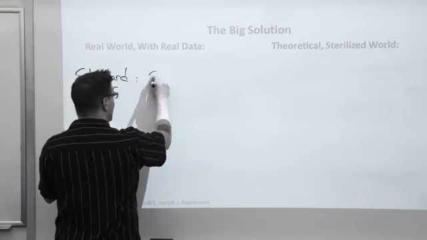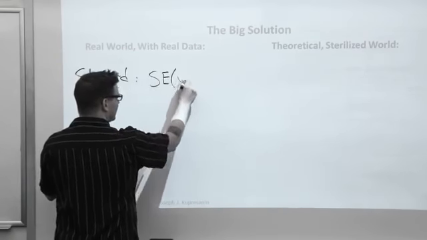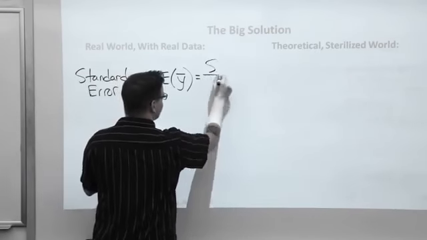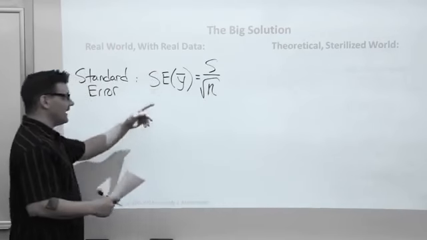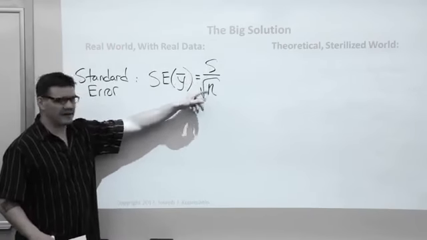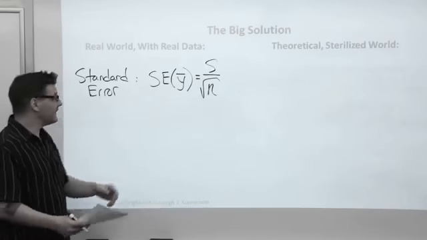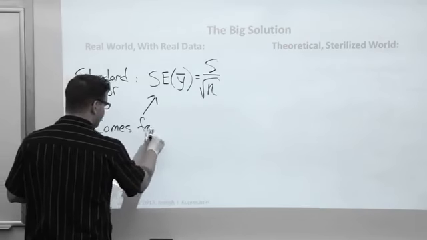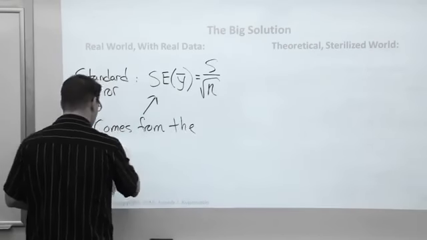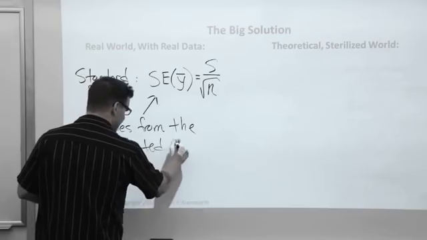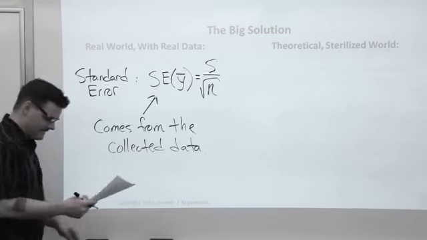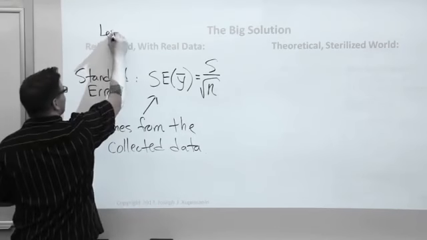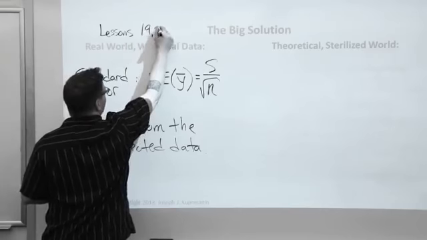With standard error, you could call this SE for standard error of y bar. And what's that going to equal? It's S over square root of n. I'll know this after I collect my data so I can calculate its values. And this one comes from the collected data. This is lessons 19, 20, 21.